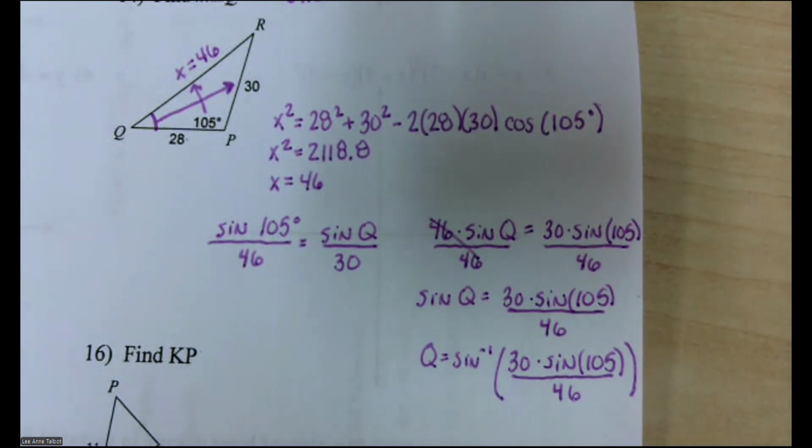We need to make sure to do that inverse at the end to undo sine. Do you guys know what the answer is? Is it 39 degrees? Okay.